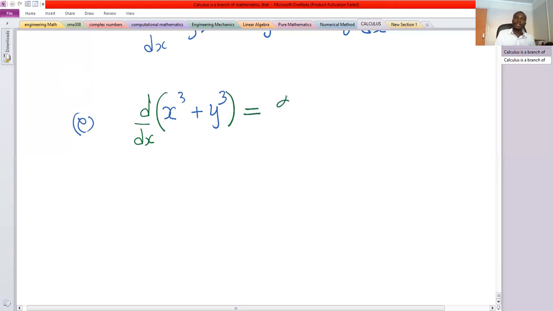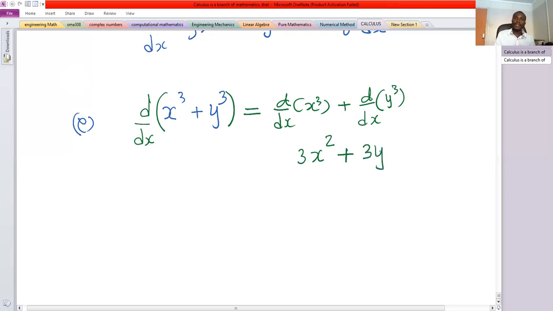So this means d/dx of x to the power 3 plus d/dx of y to the power 3. Now, using the power rule, d/dx of x cubed is 3x to the power 2, plus, using the power rule, this will be 3y squared. But because this is y, you attach dy/dx because y is assumed to be a differentiable function of x.